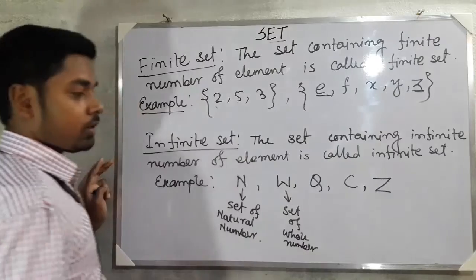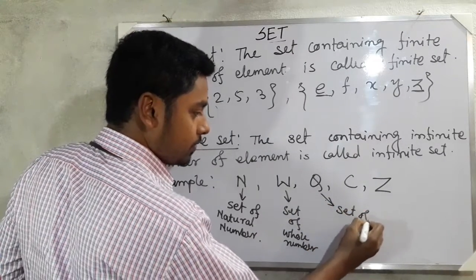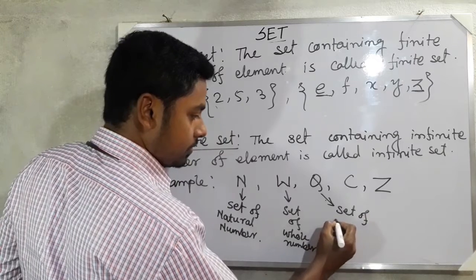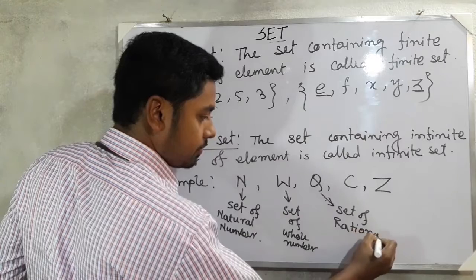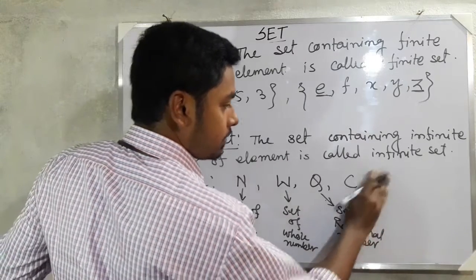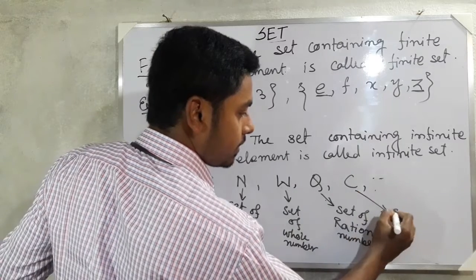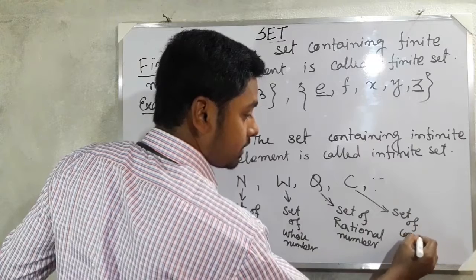Q means set of rational numbers. C means set of complex numbers.